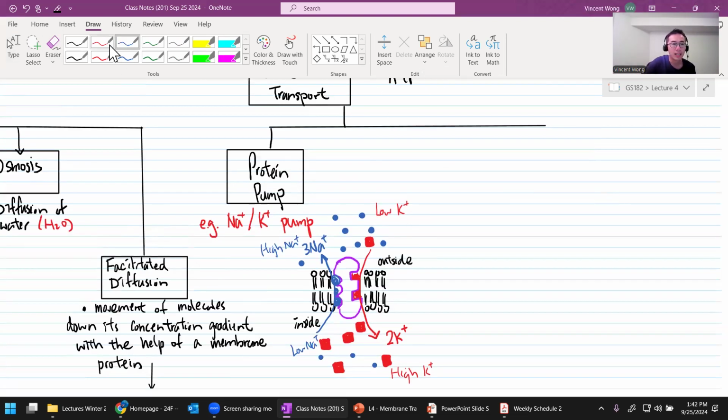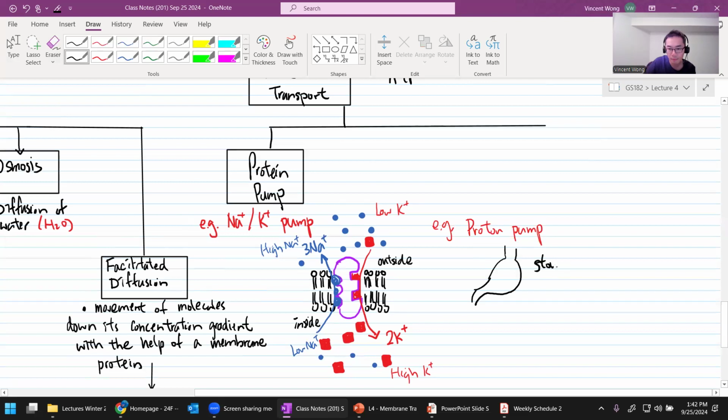Okay? I'll give you another example of a protein pump. It is called the proton pump. Proton pump you will find in the stomach. Okay? This is a stomach. You might or might not know that there is acid in the stomach.